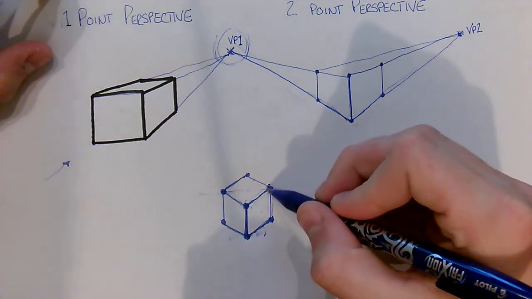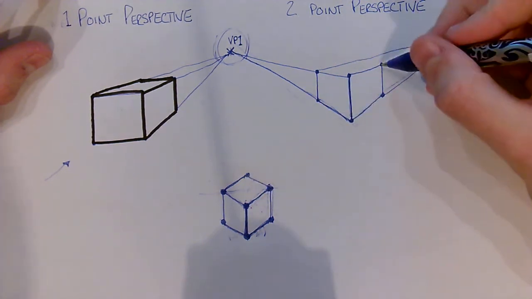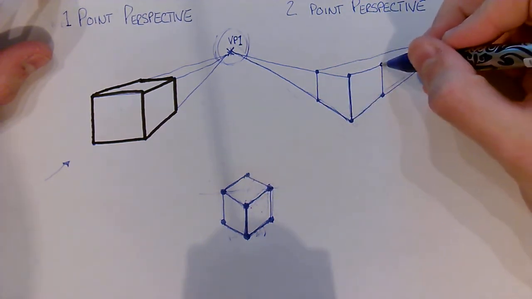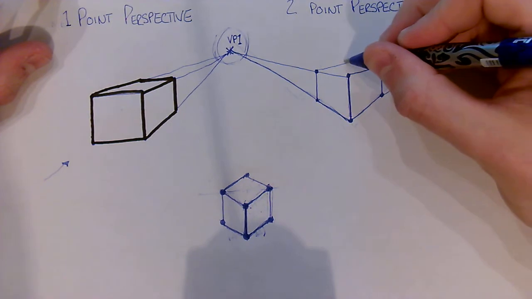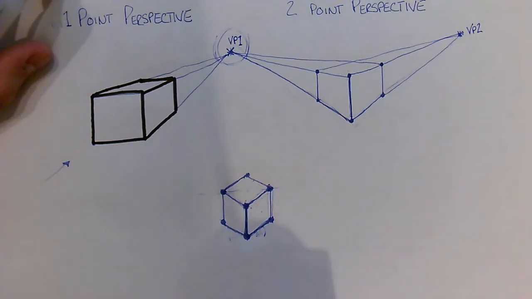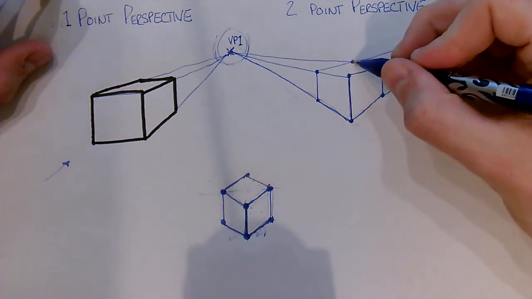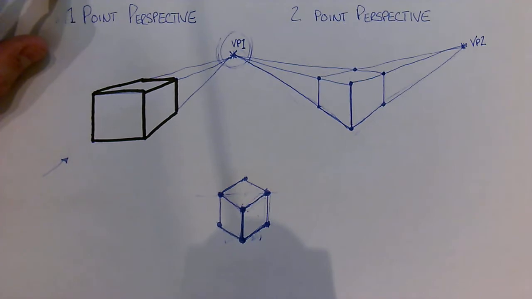Same with here. This point is now going across to the left, so we're going to copy that. This point here, bring it across to our vanishing point on the left. And where those two lines cross each other, that is our last corner.